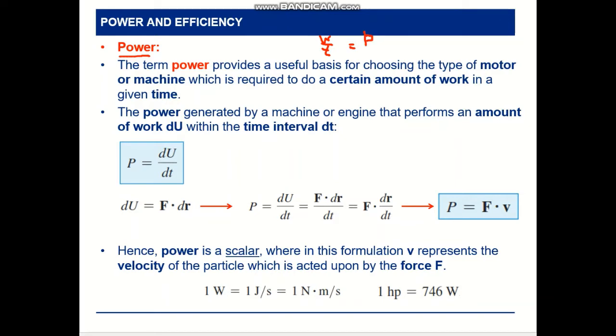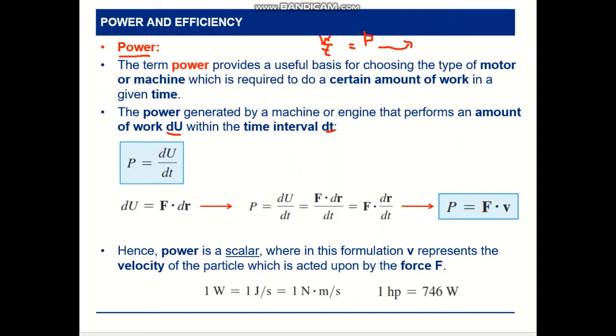Here in dynamics it is a little bit specific, which is the derivative form we need to consider. The power generated by a machine or engine that performs an amount of work dU, which is the infinitesimal work, within the time interval dt, the change of time.